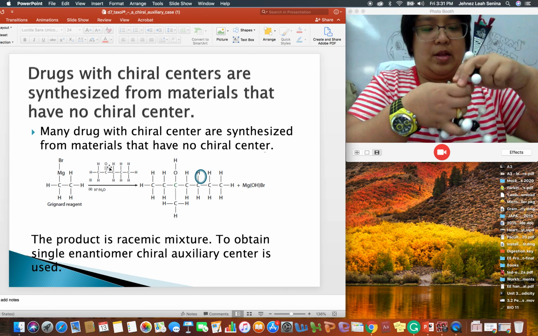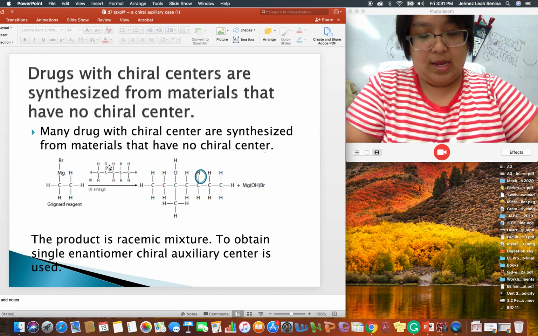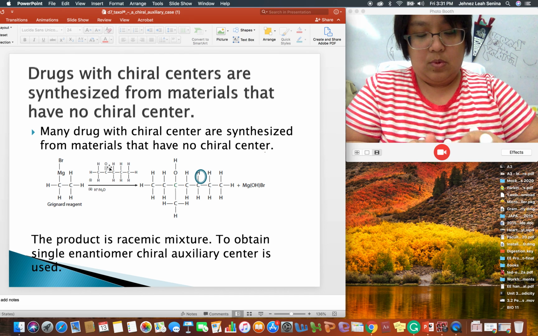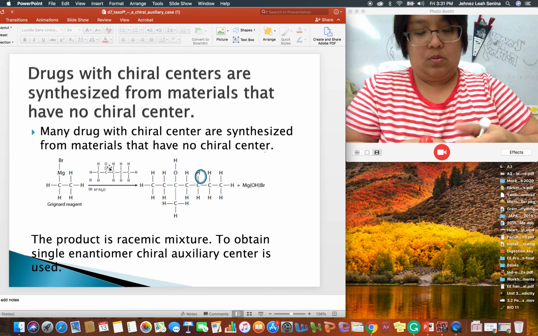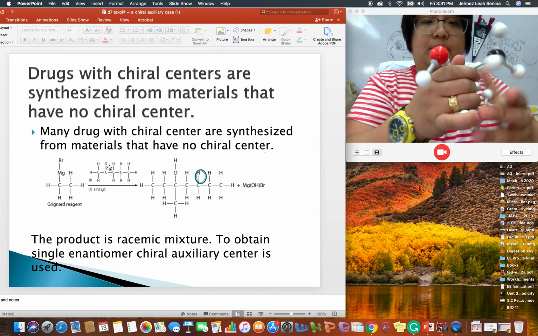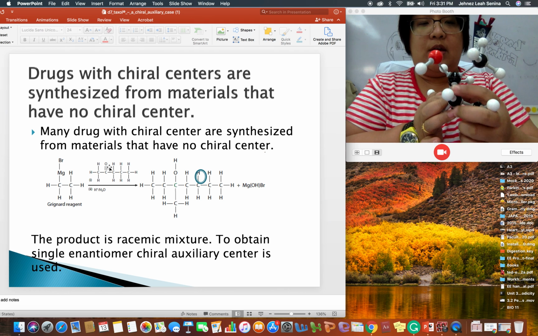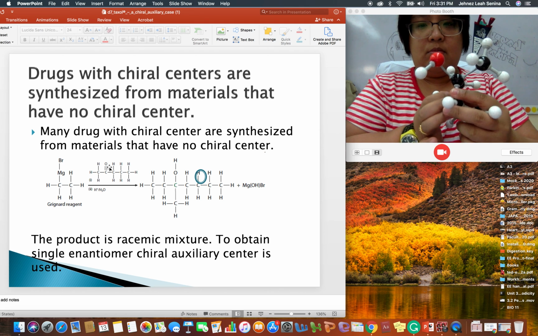That looks like this. Half of the molecule will be another enantiomer.